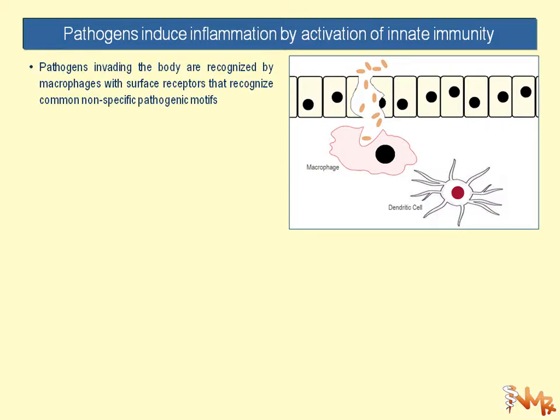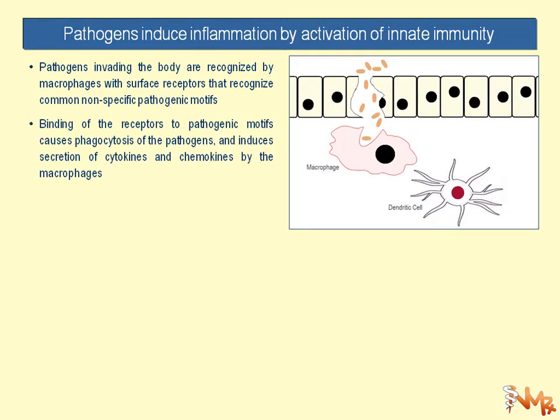Pathogens invading the body are recognized by macrophages via surface receptors that recognize common, non-specific pathogenic motifs. Binding of the receptors to pathogenic motifs causes phagocytosis of the pathogens by these cells. So the macrophages and dendritic cells can phagocytize these pathogens.